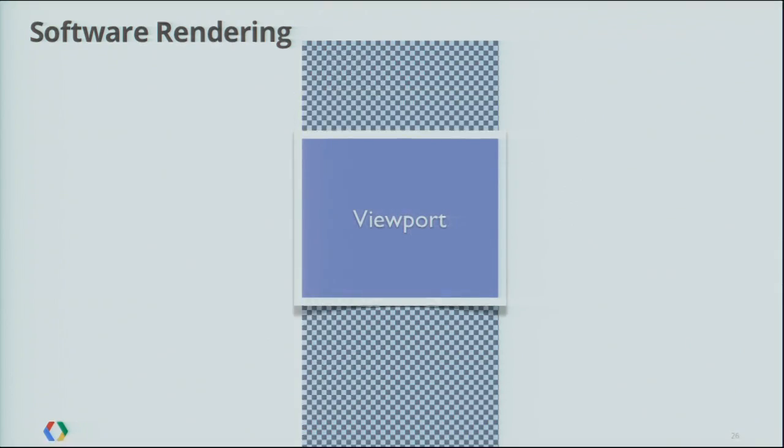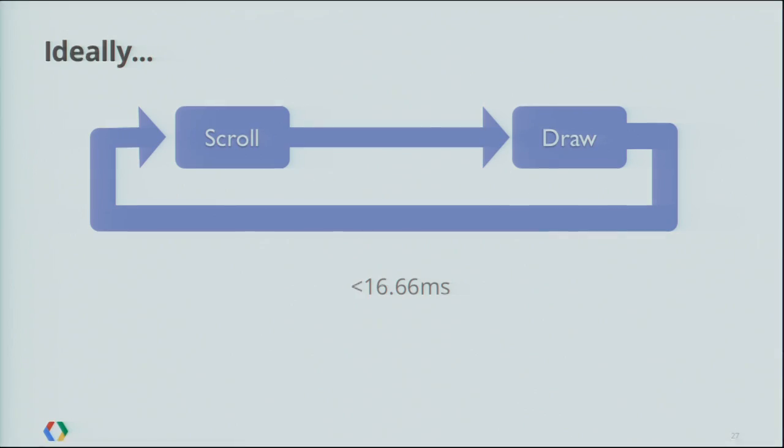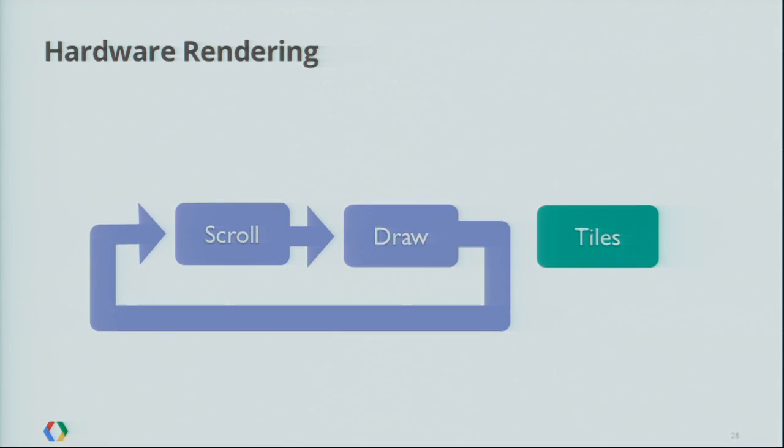And visibly, you'll see something like that. You're going to scroll, but it's going to stutter. So ideally, you want something: I scroll, I draw, that's it. And that's basically what hardware rendering is. So starting from Honeycomb, the WebView, as long as the application runs in hardware accelerated mode, is going to use that mode. And what you do, you scroll, you draw, and you draw your tiles.